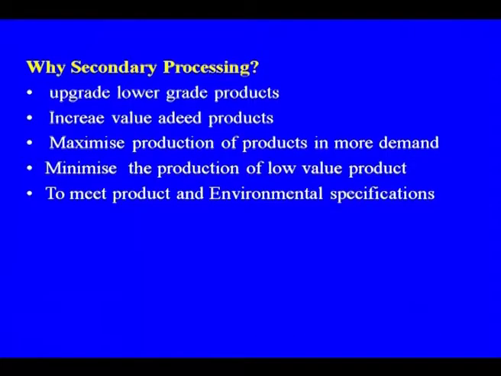Why a secondary process? Why do we go for thermal or catalytic cracking or reforming? To upgrade the lower grade products, increase the value added products, maximize the production of products in more demand, and minimize the production of low value products.